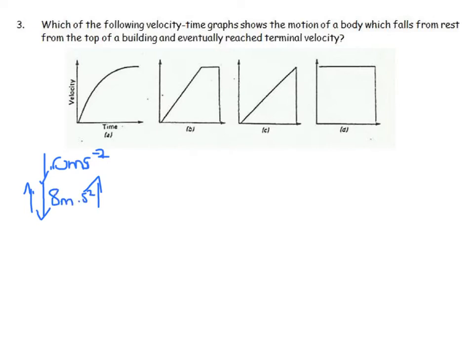And actually what you've got is the downward force of gravity, or if you prefer, the downward force is often known as weight. And acting against that downward force is an upward force of air friction.